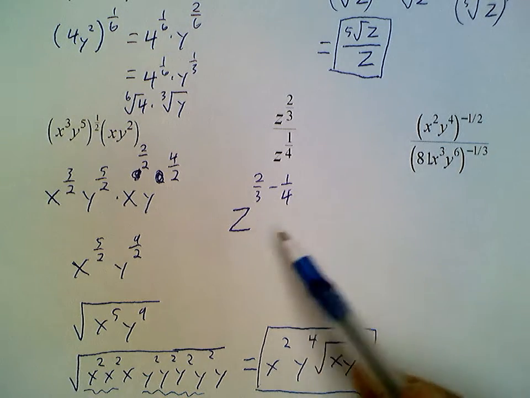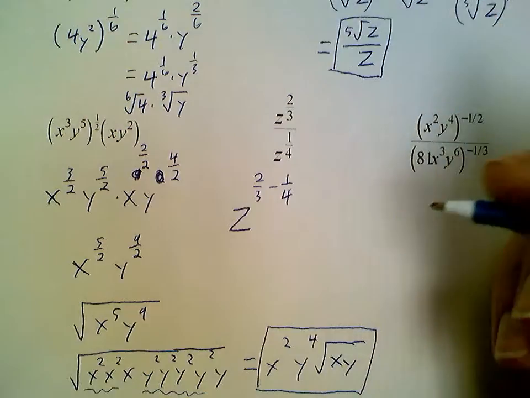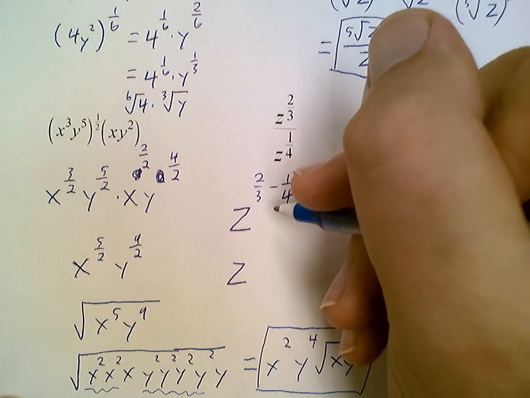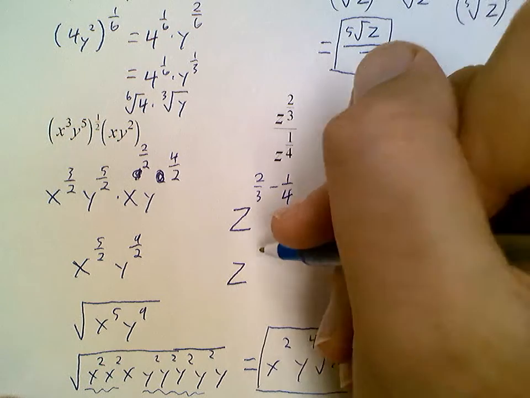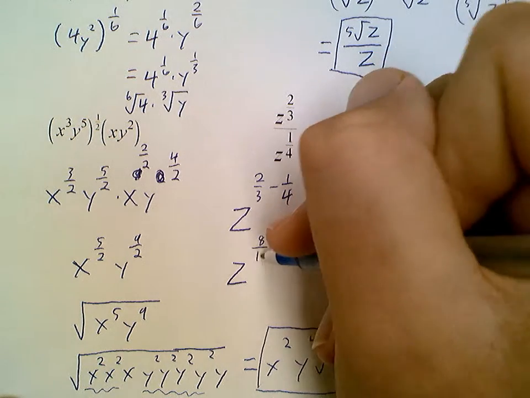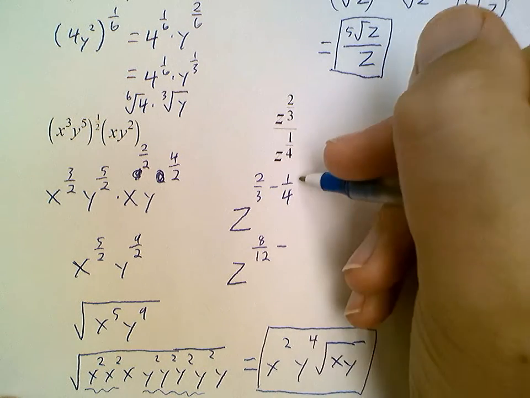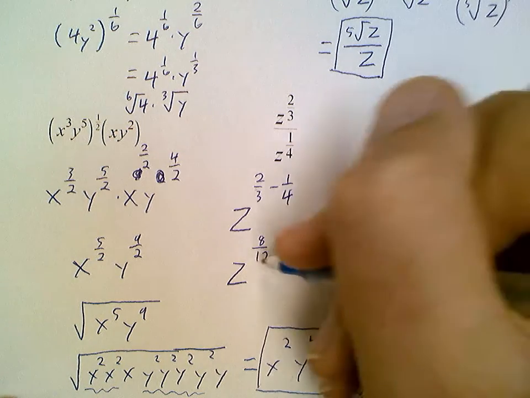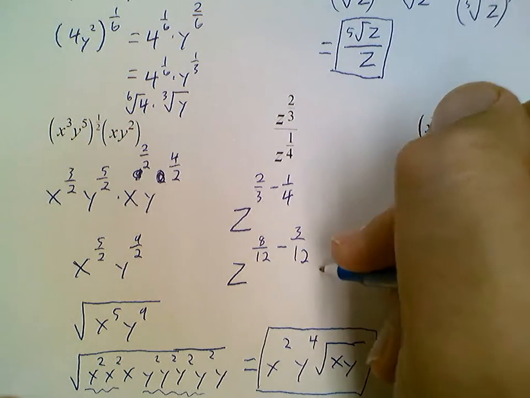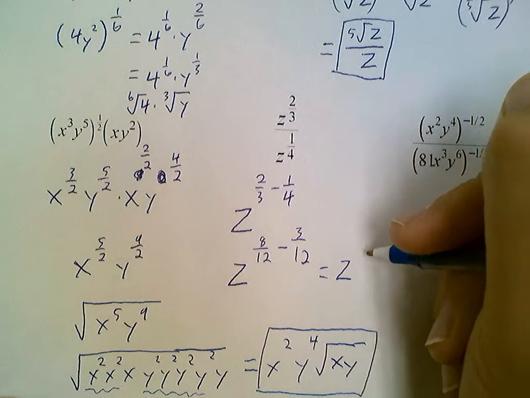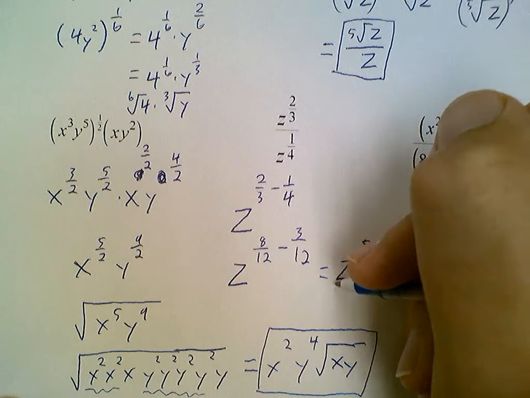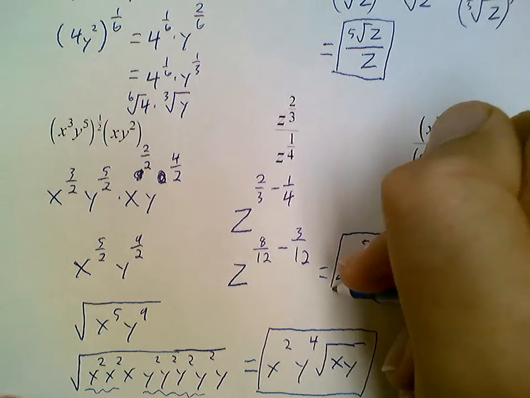Common denominator between 3 and 4 is 12. So instead of 2/3, think of this as being 8/12. And instead of 1/4, think of this as being 3/12. 8/12 minus 3/12 is 5/12. So I got z to the 5/12, and I would probably just leave it like that.